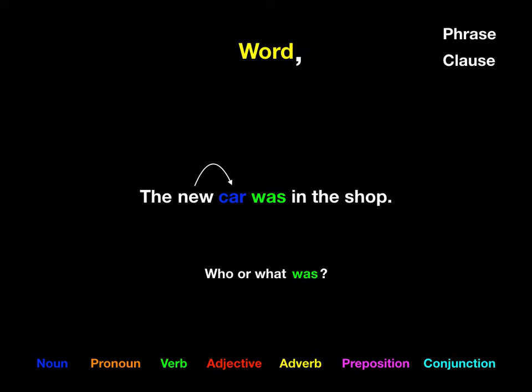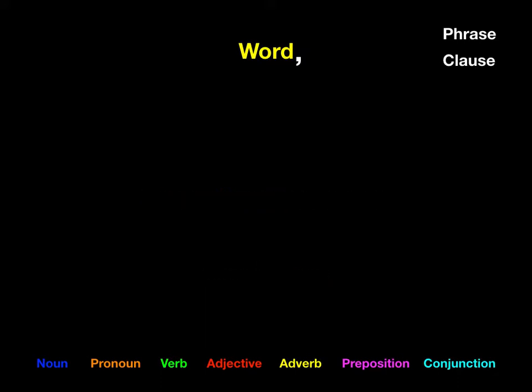It tells us what kind of car it is. It is a new car, and therefore new would be an adjective. The same is true for the. An and the are always adjectives, and therefore the also modifies our subject. As both the and new describe car, we do not have an introductory element within this sentence.